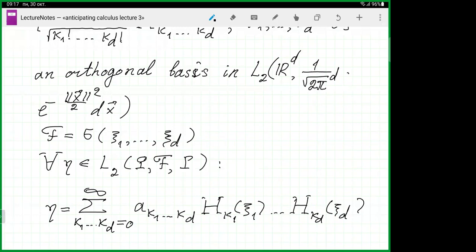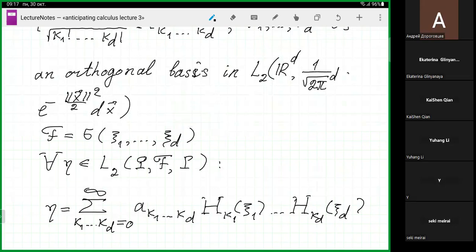Namely, in view of future applications, it turns out that we have a very bad form of our orthogonal expansion. It is good from the point of view of just theory. We have constructed an orthonormal basis, but it is not satisfactory for future applications.